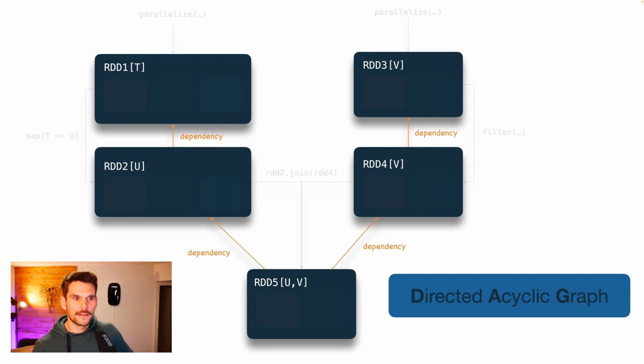And it's acyclic because even if we did the transformation back here from this map, we wouldn't end up with RDD1 again. So they wouldn't create a cyclic dependency, but rather we would get a new RDD, RDD6, which is again a child of RDD2.